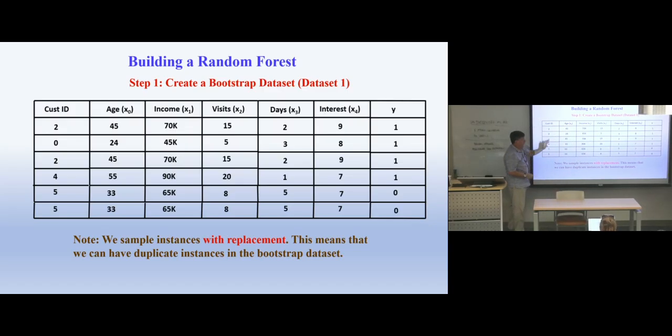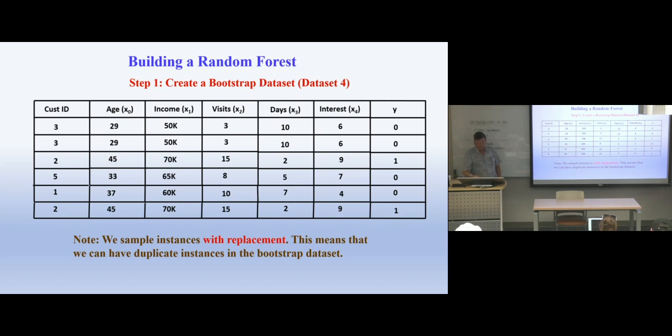Now, I got this by sampling with replacement. Data set 2, same thing. Notice the different instances that came with this one. With replacement, I now have 4 bootstrap data sets.